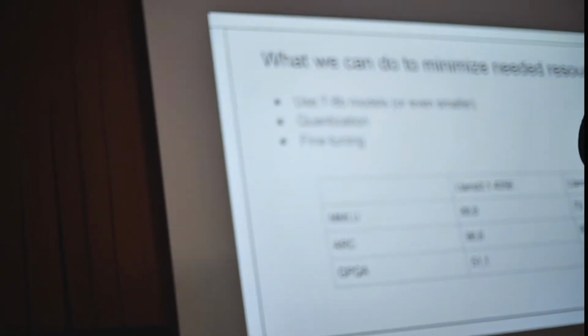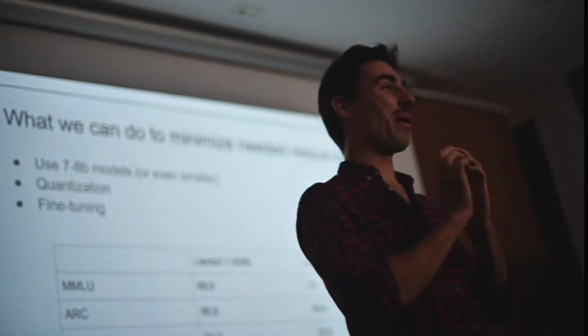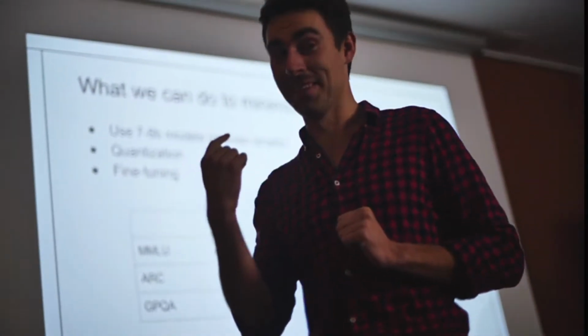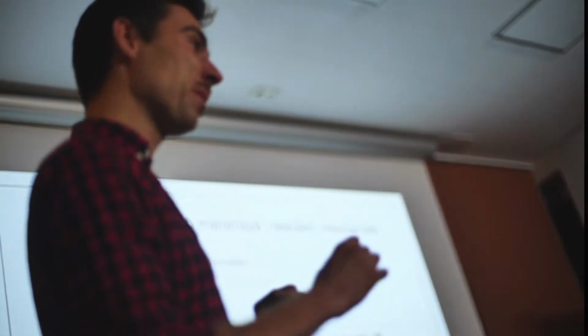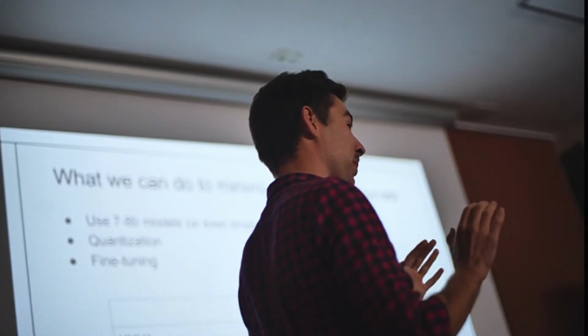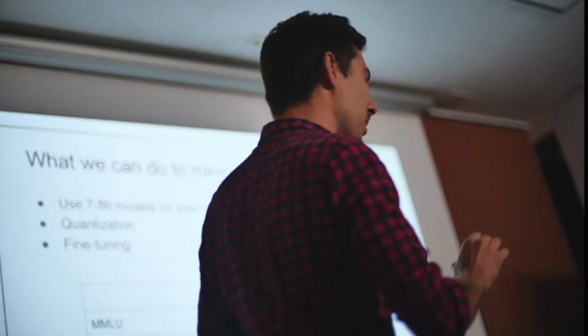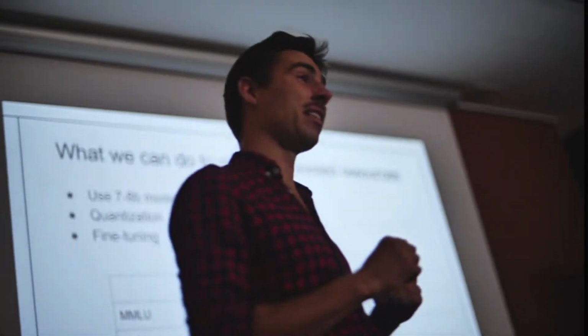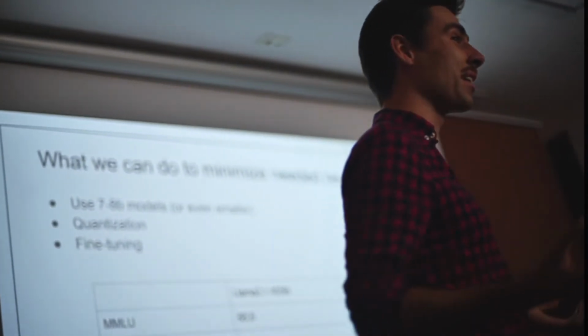In order to run our large language model on such a small platform as Raspberry Pi, we need to do a few steps. First of all, we need to choose an appropriate model. Not all the models are equal, or more precisely, not all the models are equally sized.